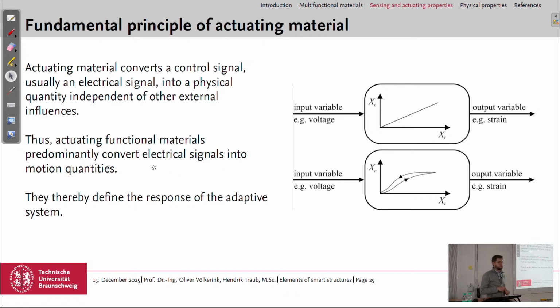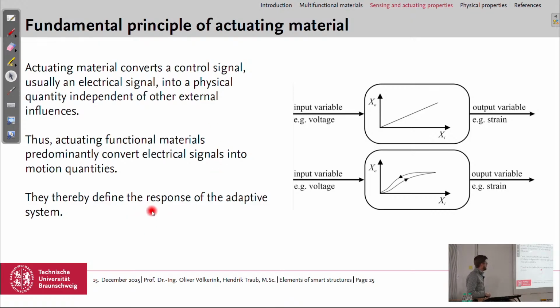And this is also what you will do in the lab. You will give with a function generator an electrical control signal, which goes into a high voltage amplifier and then produces the electric field, and this then leads to a deformation of a piezo ceramic. So this you will try out hands-on.